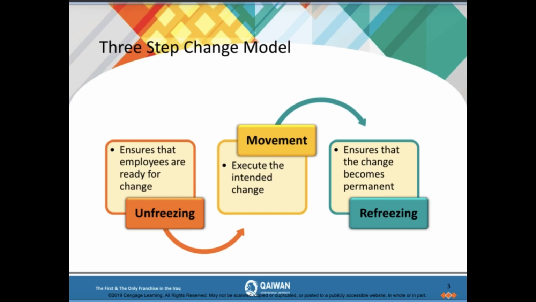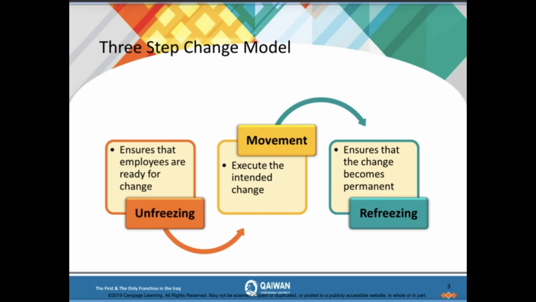So let's start with our first model, which is the three-step change model developed by Kurt Lewin. This model is very simple but very powerful, and you will see it used in many real life situations. In the first step we have unfreezing, which means preparing people for change.